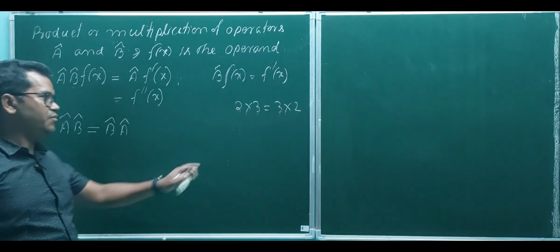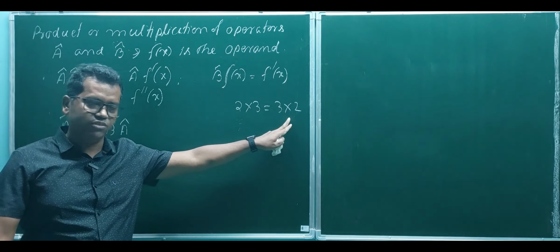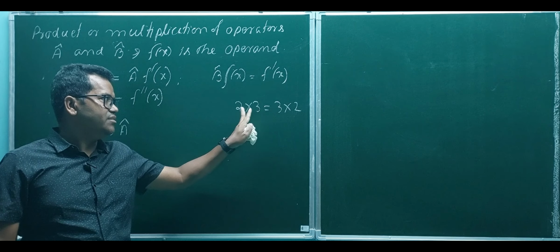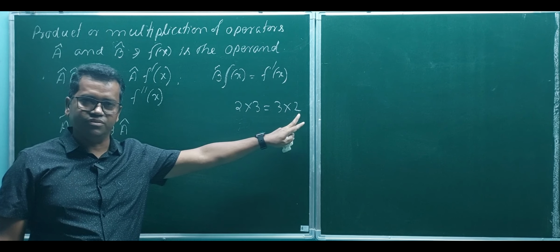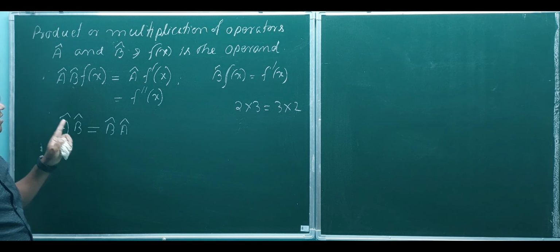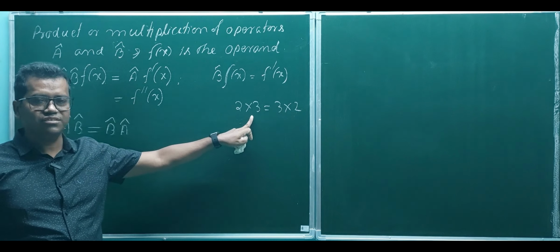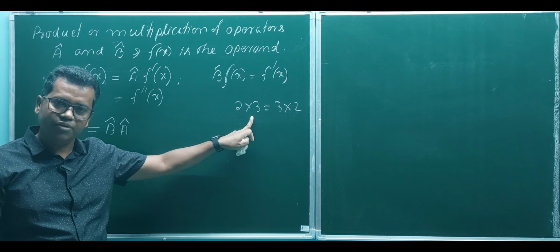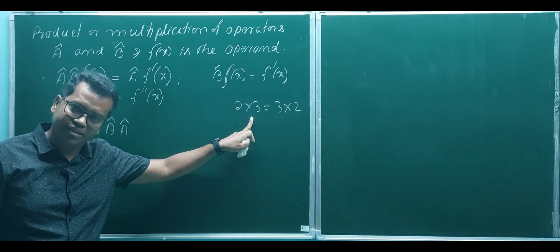I repeat, in simple algebra 2 into 3 equals 3 into 2, but in case of quantum mechanical operators this may or may not be correct.